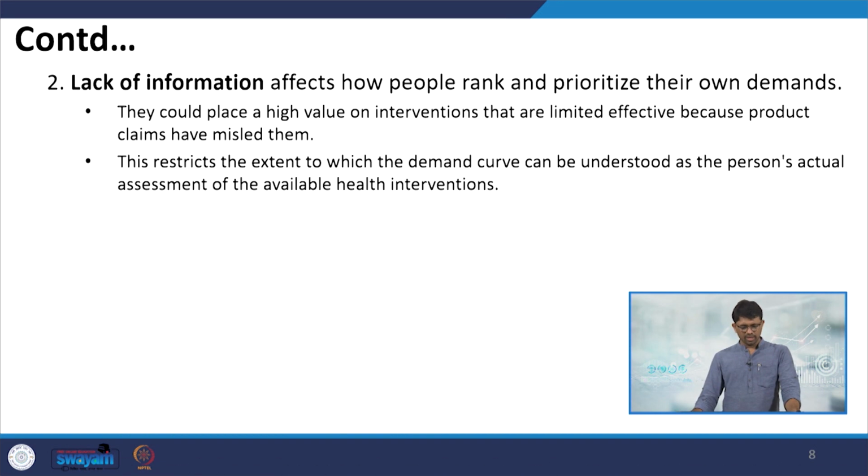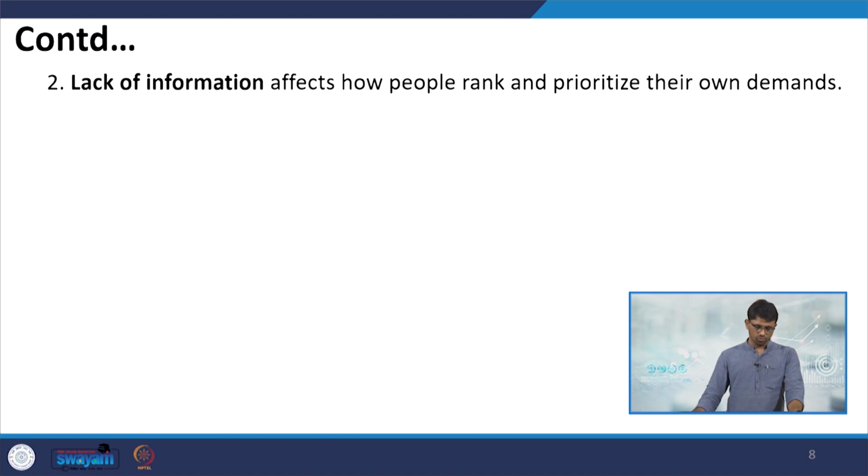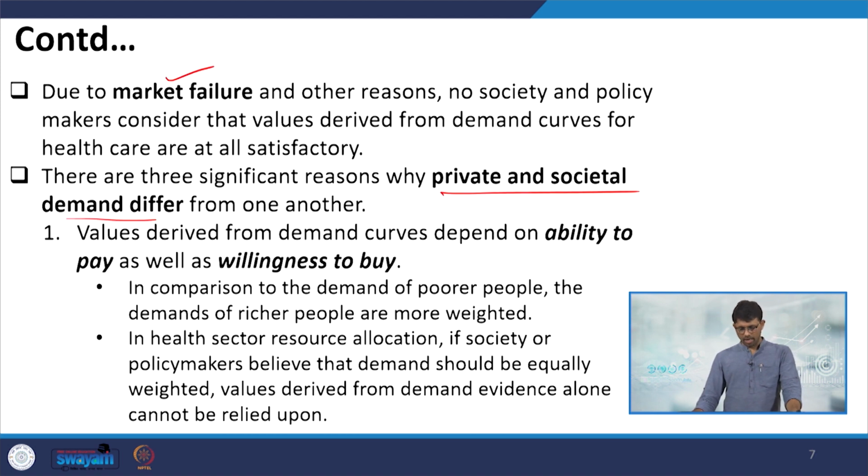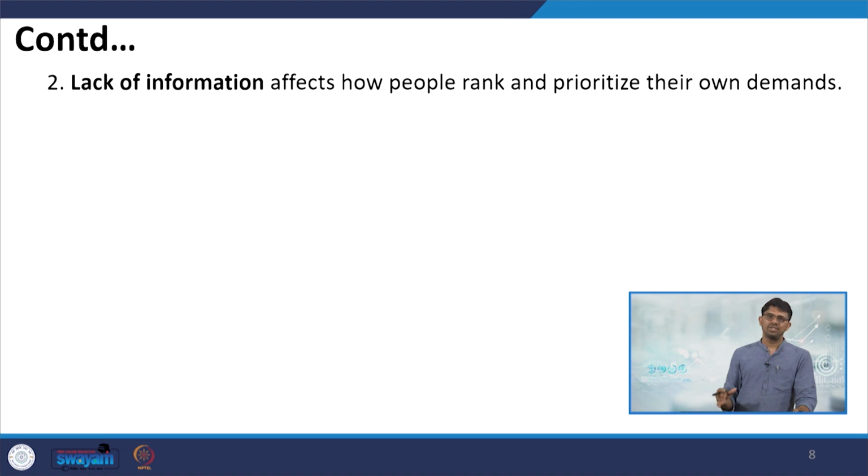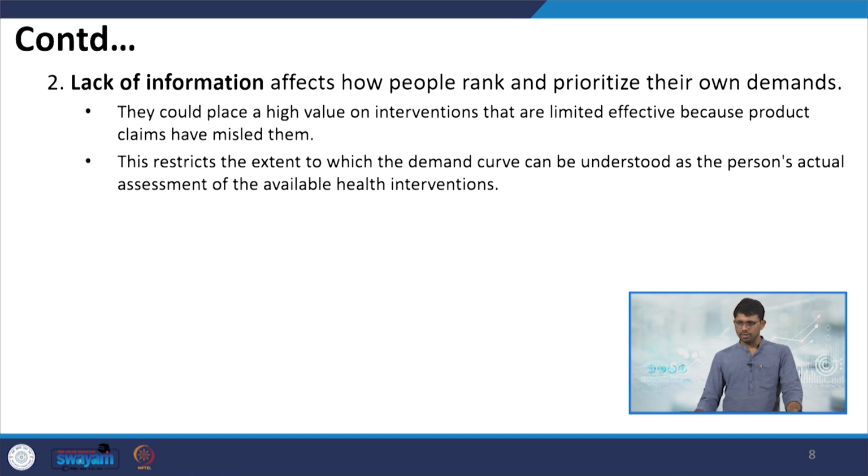The second one, so far as private and social differences in valuation are concerned, is lack of information, which affects how individuals rank and prioritize individual demand as against societal demand.